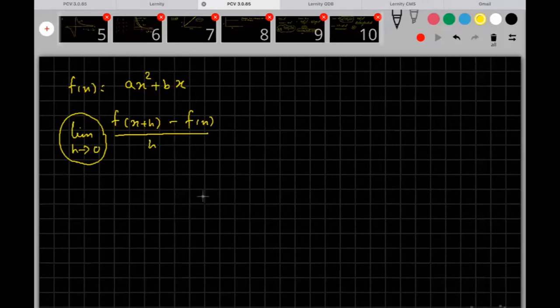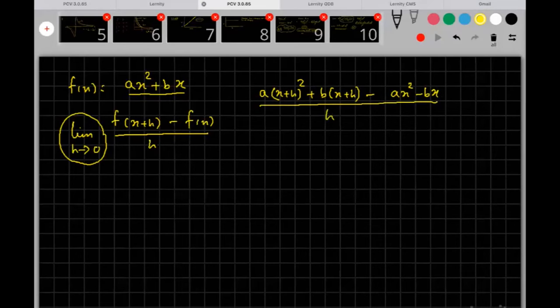So now let's talk about this. If I'm talking about this, it becomes a times x plus h the whole square plus b times x plus h, minus ax square minus bx, by h. So I can expand this.